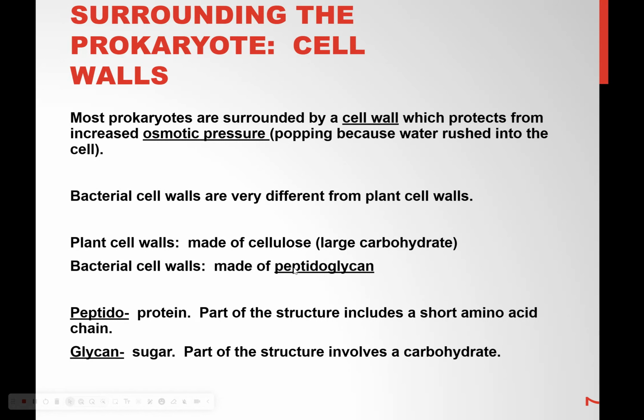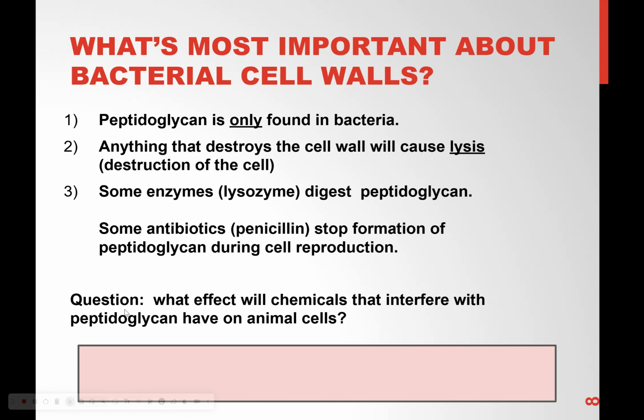Pepto is a protein, and if you remember from biology or anatomy, proteins are composed of amino acids, a bunch of amino acids. And a glycan, like glucose or glycogen, is a sugar. It says part of the structure involves a carbohydrate. So peptidoglycan is huge in bacteria, because peptidoglycan is only found in bacteria.